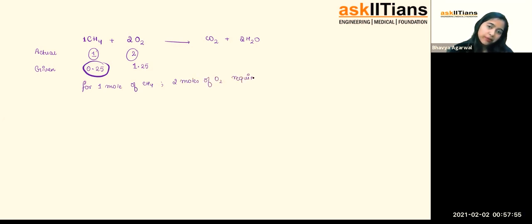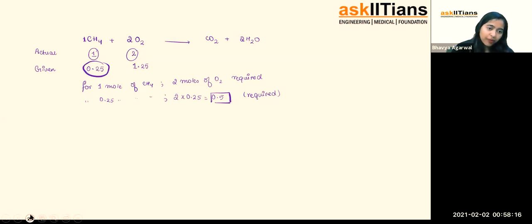So for 0.25, I would be needing 2 into 0.25, which means 0.5. So this much is required.